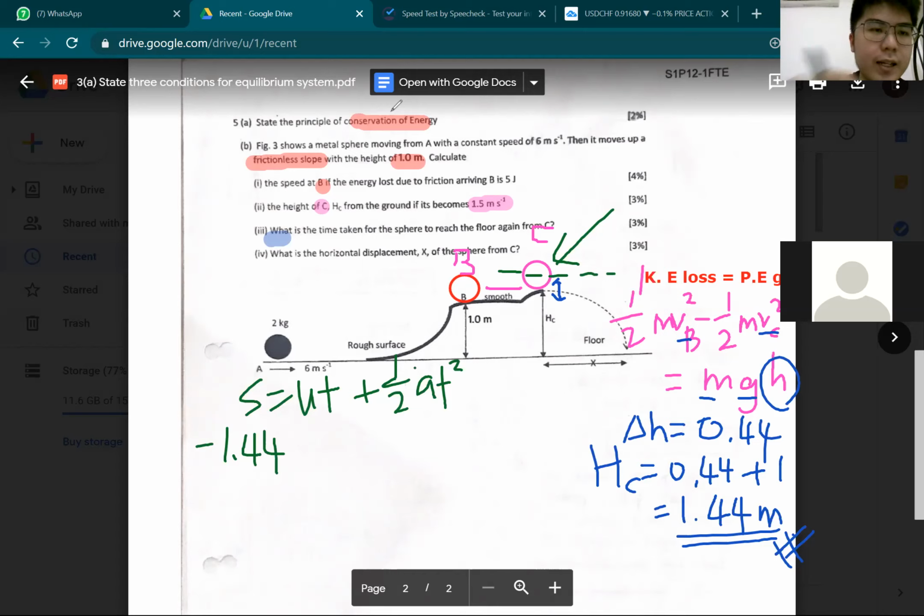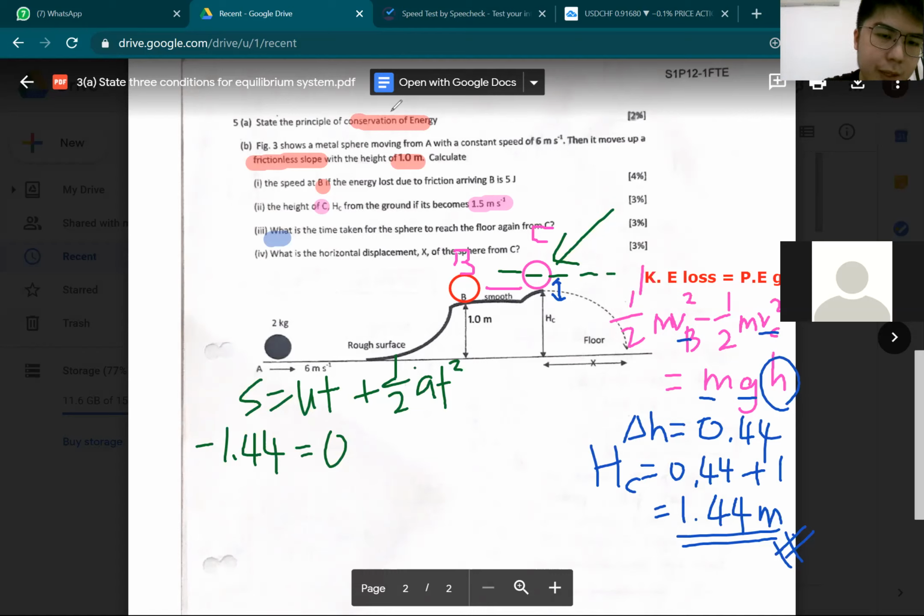So going down from the reference point, it will be negative, because s is displacement and you're going in the negative direction. Negative 1.44 equals the initial velocity just about to fall. Vertical is 0. We are taking the vertical velocity, not the horizontal velocity, so u is 0.